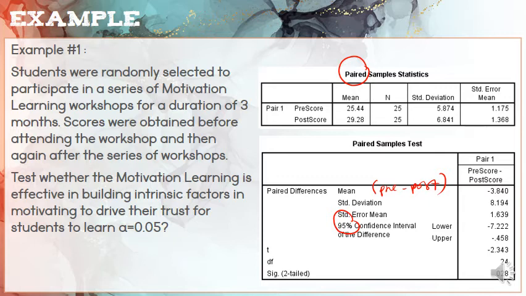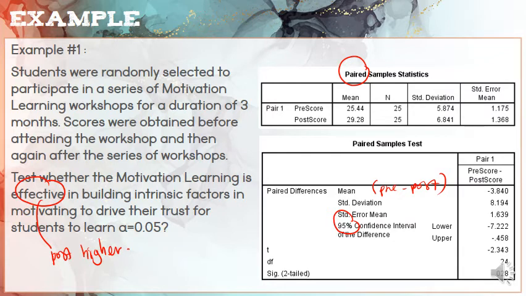So, kita tengok macam mana nak jawab claim ni. Sama ada motivation learning course itu efektif atau tidak. So, kalau efektif, maksudnya dia punya score should be greater. Skor yang mana yang greater? Selepas pergi motivation learning workshop, the score should be higher. So, kalau efektif, post mesti ada higher score.